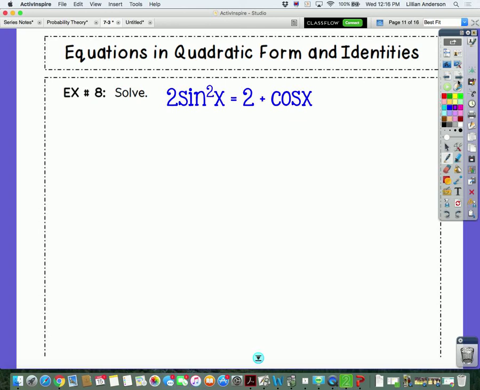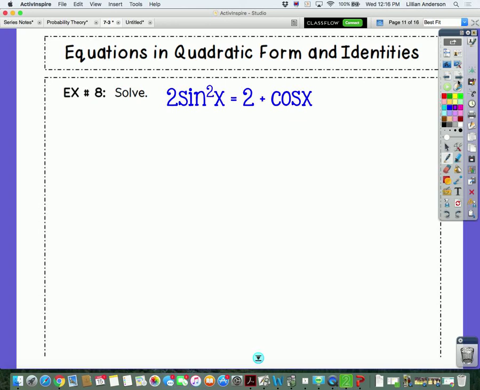Now these are the ones that involve identities. This is one of those strategies. When you get a particular problem, you look and see what trig functions are involved. This one has a sine squared x, and then we have a cosine x. One good rule of thumb is to try, if you can't factor out a common factor like we did in the last problem, rewrite this so that they have the same trig function.